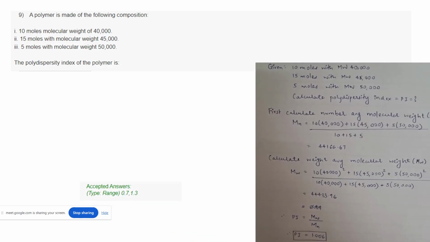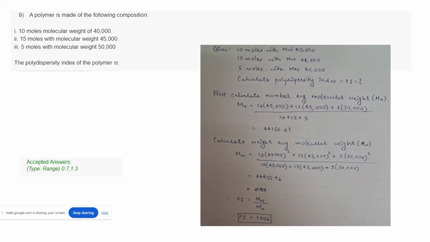Let's look at the answer here. We have 10 moles of molecular weight 40,000, 15 of 45,000, and 5 of 50,000. So first we have to calculate Mn, which is summation of Mi by summation of Ni, which is 10 moles into the molecular weight. Similarly, moles into molecular weight, and their all summation divided by the number of moles.